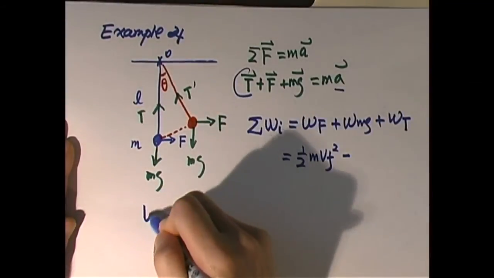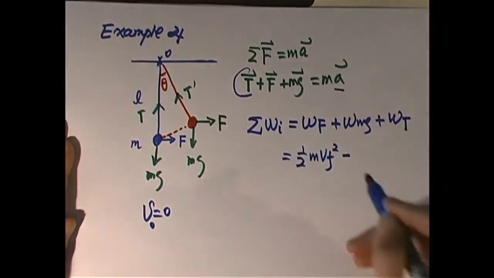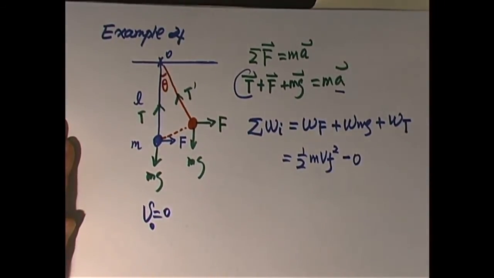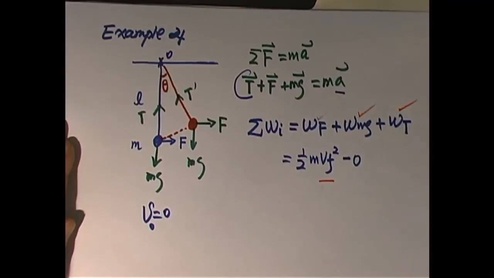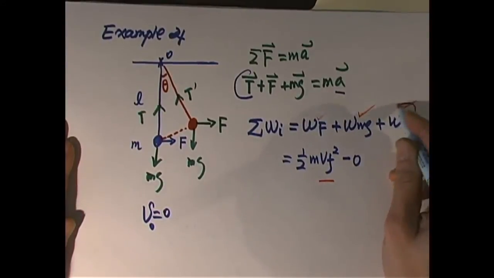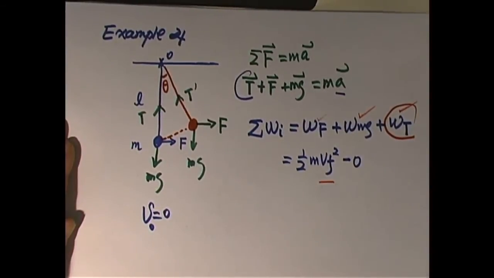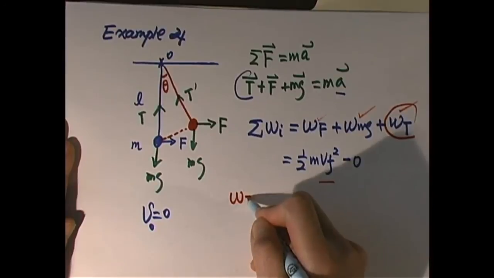If this ball starts from the initial position with v initial equals 0, hopefully from here we can solve the work done by this and that, and then we can solve the final velocity after the simple pendulum swings to a new position of angle theta. Now, one thing: work done by tension T is 0.